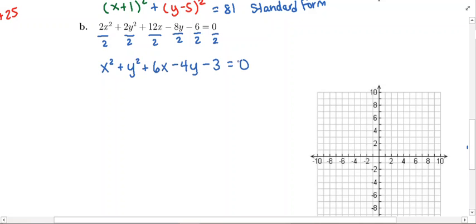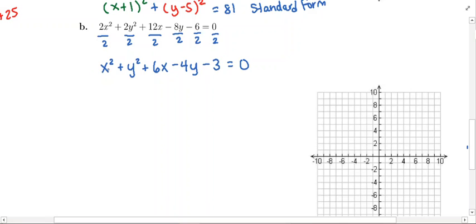Again, you have to divide off every single piece by the number that's appearing before x squared and y squared. If you don't, you will run into some issues along the way when you're completing the square. Going forward, when we actually complete the square, this is the version of the equation that we're going to work with, okay?